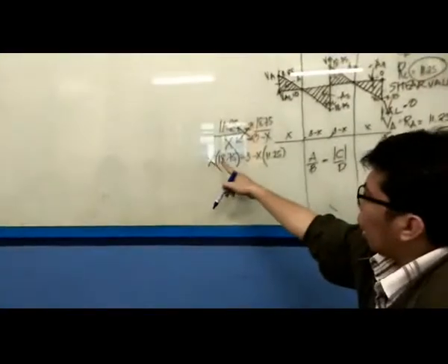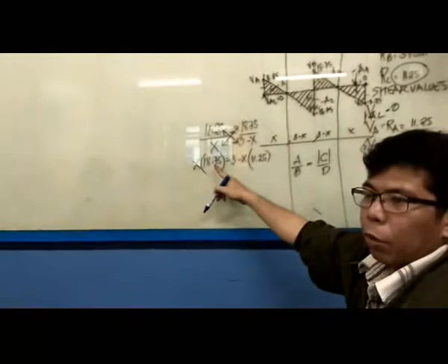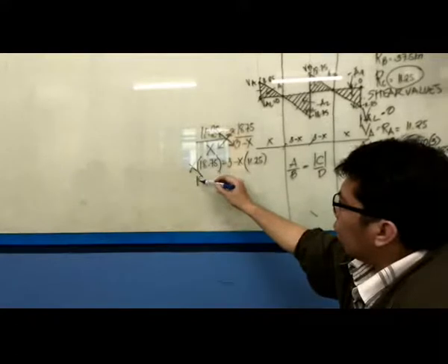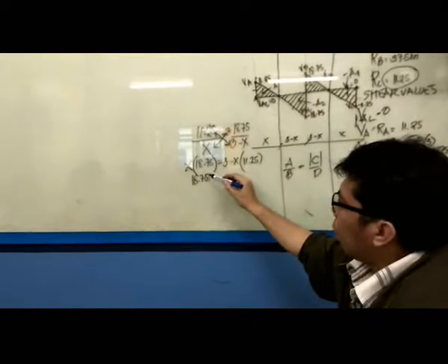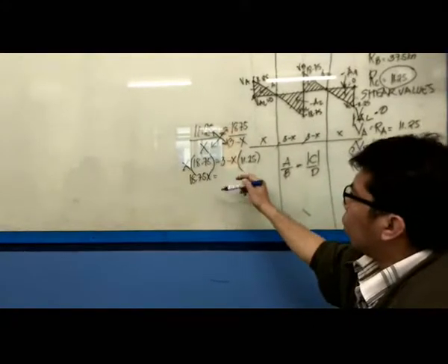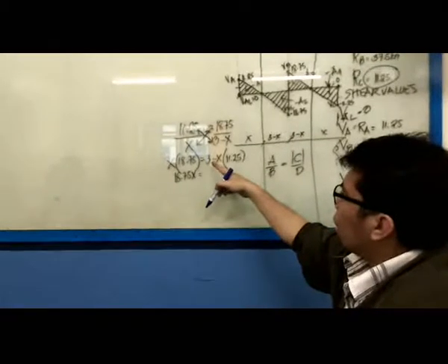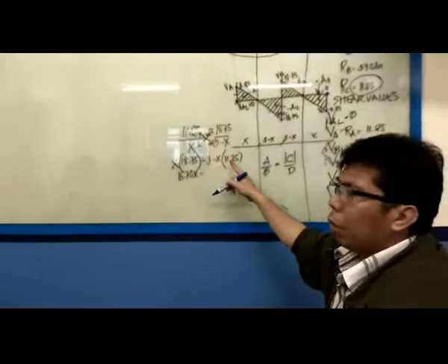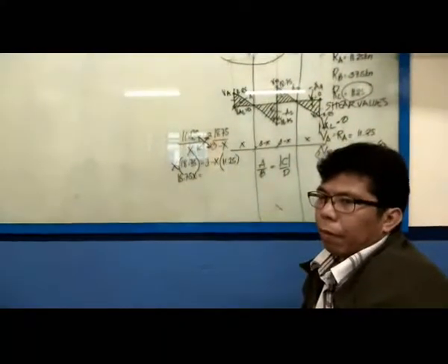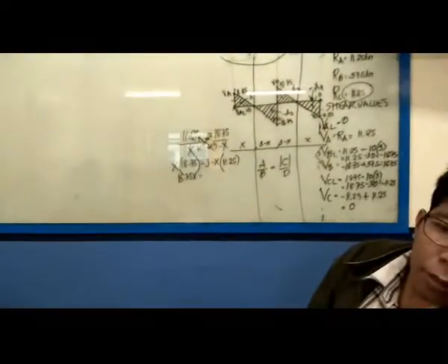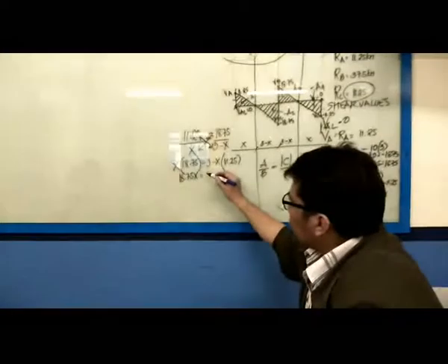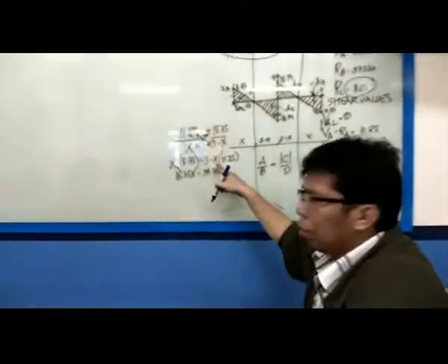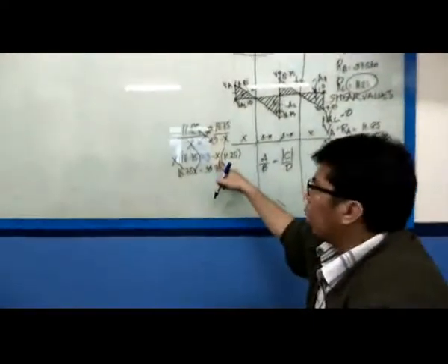So, x times 18.75, you will get 18.75x. So, dito naman sa isa, distribution method tayo, 3 times 11.25, 33.75. Okay, then meron pa tayo dito negative x.